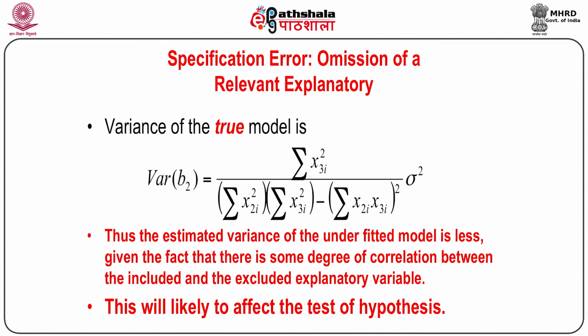And the variance under the true model is sigma x3i square divided by sigma x2i square multiplied by sigma x3i square minus sigma x2i x3i whole square, multiplied by sigma square. Thus, we see that estimated variance of the underfitted model is less, given the fact that there is some degree of correlation between the included and the excluded explanatory variable. This is likely to affect the test of hypothesis.